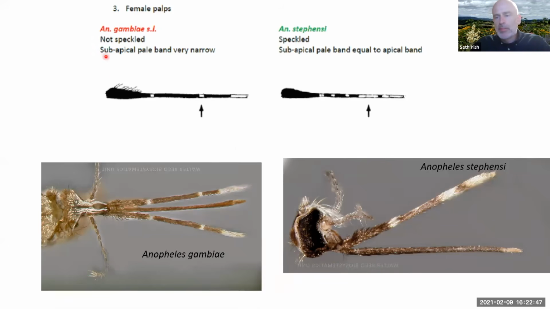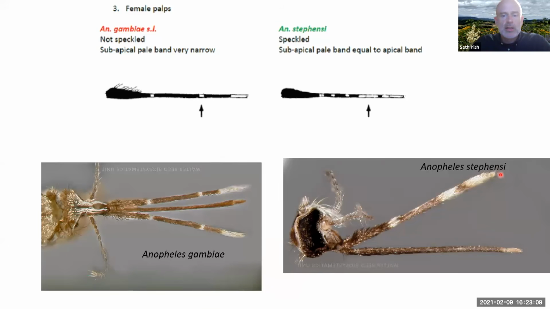But then the subapical, which means the next to the last band, is quite narrow for Anopheles gambiae. So you have a decent sized band here, but then a narrow white band before that.